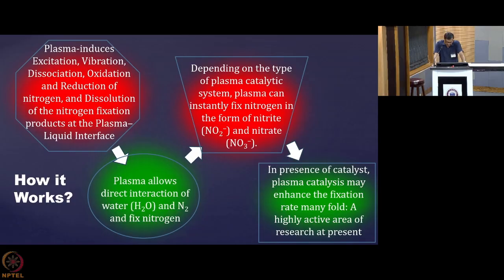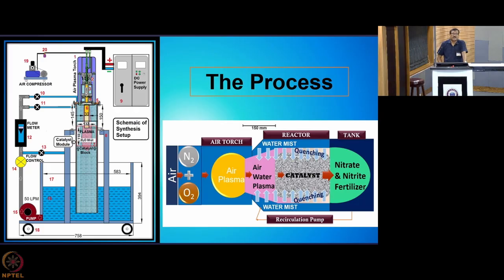So, this is the way it works, and here we have one device that we have developed in our lab. Nitrogen and oxygen enter the plasma device, and they get broken into atomic nitrogen and atomic oxygen. Then the water mist comes, and the plasma enters into that. In the presence of a catalyst, it forms nitrate and nitrite, and that goes into the tank. This process continues on and on.